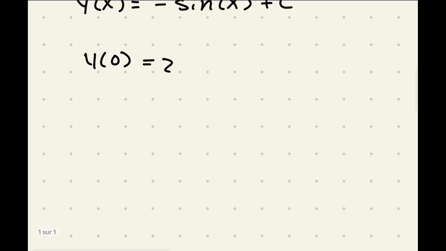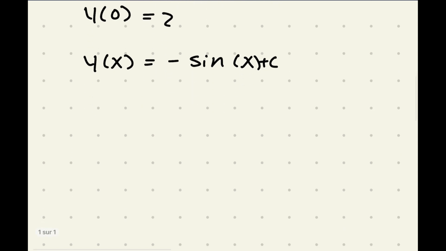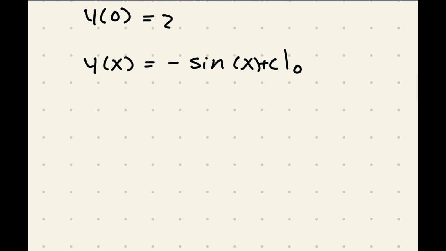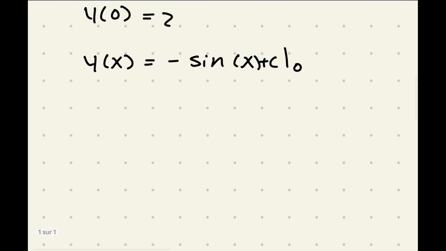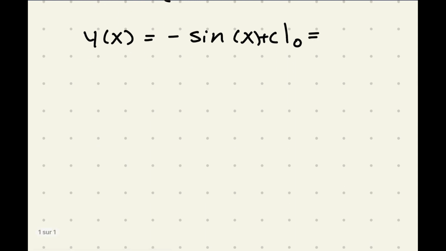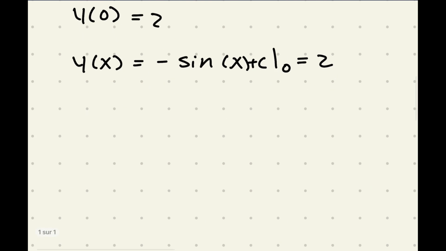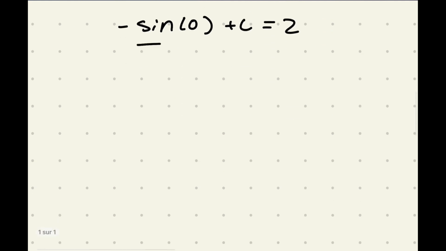Now, we take this equation, y of x is equal to negative sine of x plus c, and we substitute in a 0 every time we see an x. This will give us the answer 2. So negative sine 0 plus c equals 2. Sine of 0 on a unit circle, say this is half a circle, here is where 0 is.